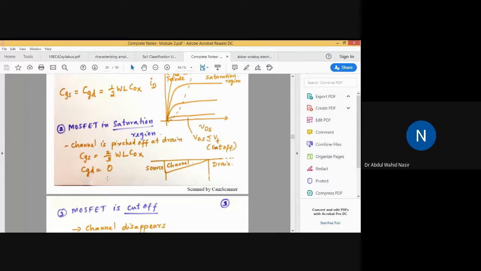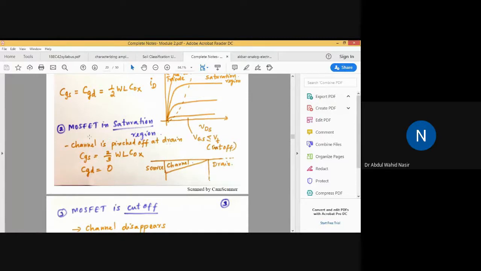But CGD will be zero, because there will be pinch off. Here there will be some dielectric material with some width, but there there will be no width. The channel is pinched off at the drain.